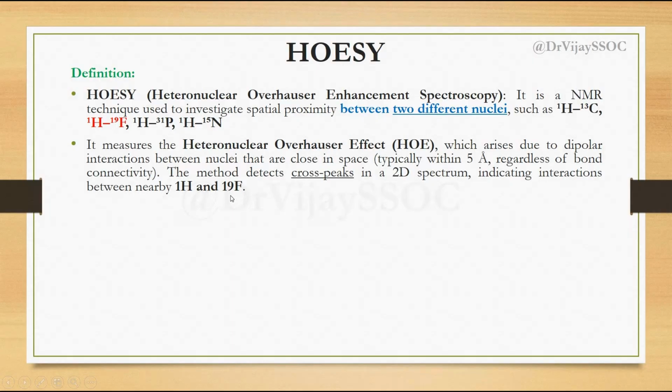If fluorine is close to the proton, then you will see the cross peak in the 2D spectrum. In NOESY, you see only proton-proton interaction through space, and here the interaction is through space but between proton and fluorine in proton-fluorine HOESY NMR spectroscopy. But the range is the same: you can see interactions up to a maximum of 5 angstrom, and this is not connected to the bond. This interaction takes place through space.